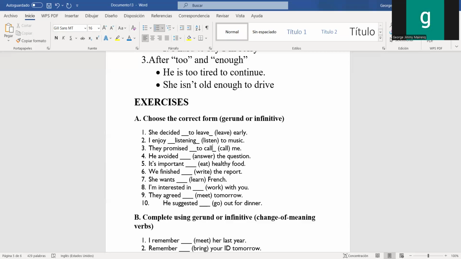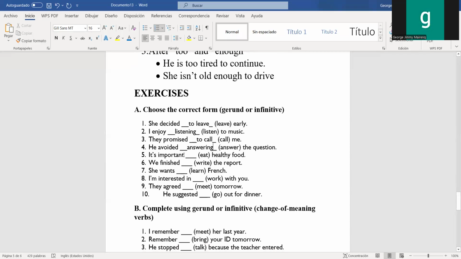Okay. Let's see number four. He avoided the questions, and the verb is answer. So what would be the right answer? He avoided to answer, or he avoided answering the question? Yes, it's answering the questions, right?